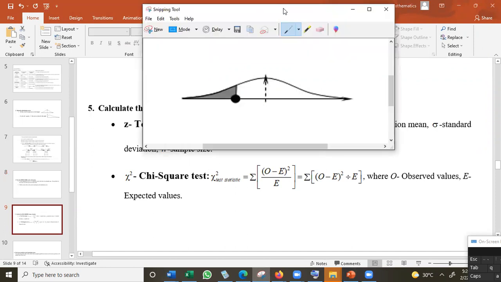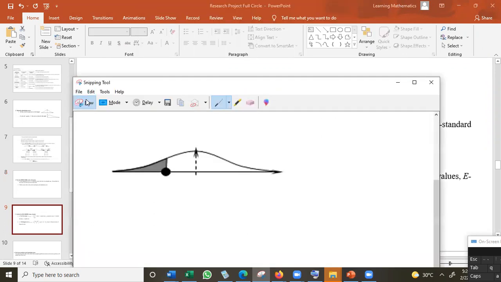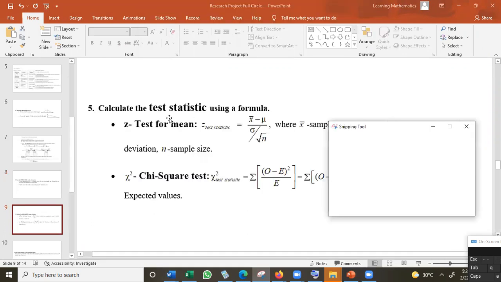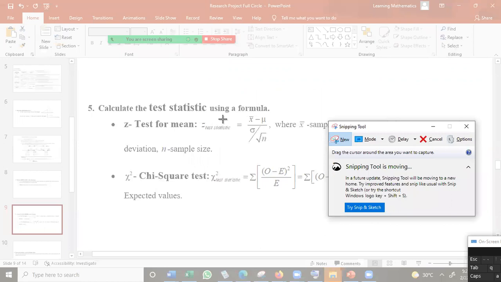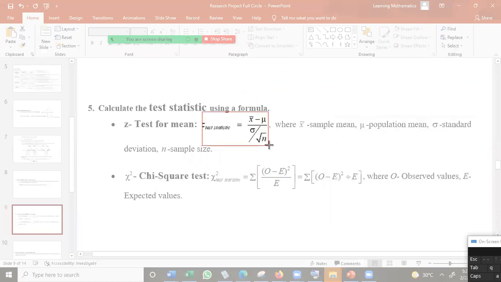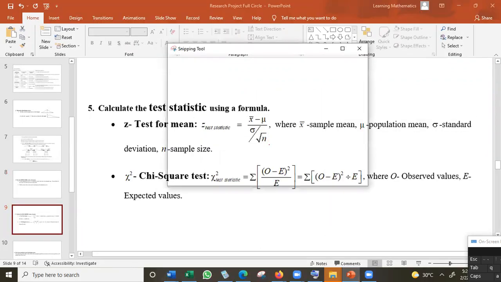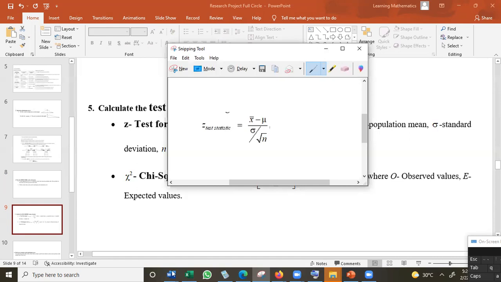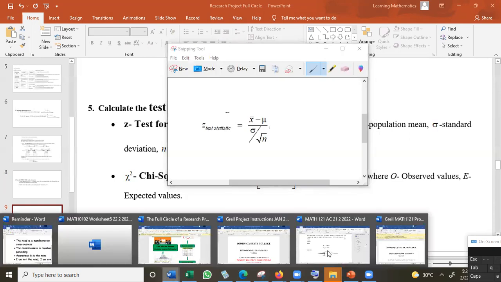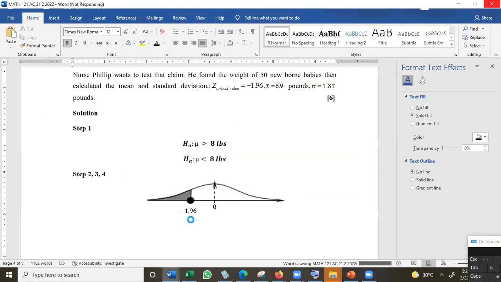Remember we said on the curve, there are 2 important numbers when you're talking about the critical value approach, or the rejection region approach, the classical approach. One is already there. The critical value is there. The other number will be the test statistic.